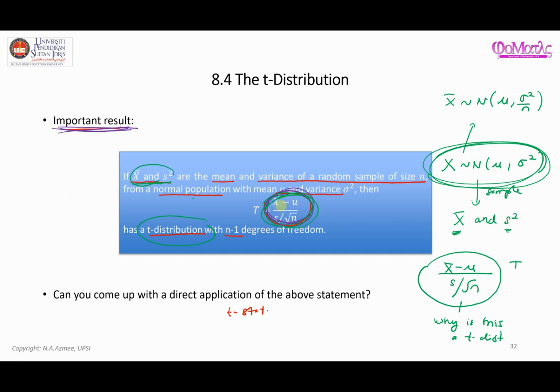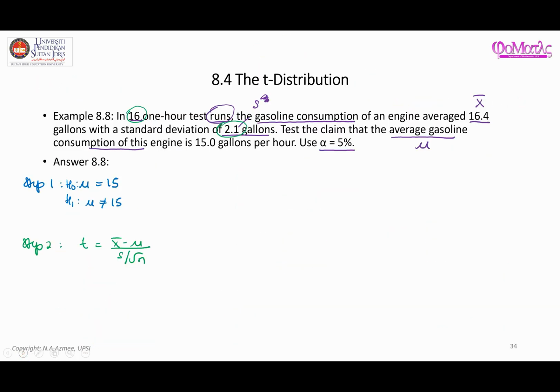This random variable has a t distribution with n minus 1 degrees of freedom, which is why for hypothesis testing for this problem you refer to the t distribution table. The result is 16.4 minus 15, over the standard deviation 2.1 divided by the square root of 16. You should get a t-statistic of 2.67.